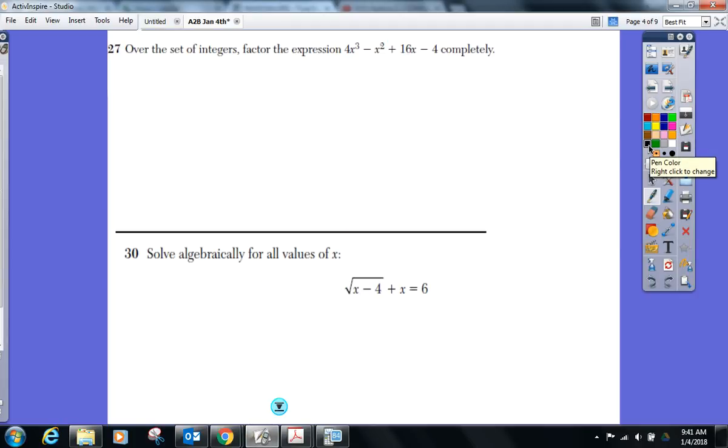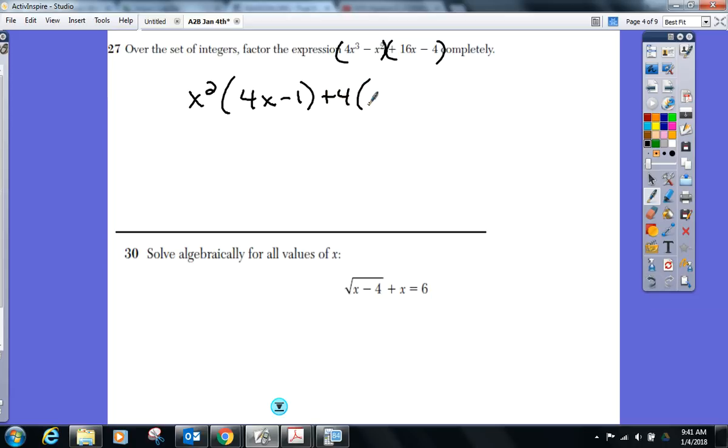Factor this. I'll make it easy on you. Is there anything I could take out right away? No. How many terms are there? Okay, 4 terms, no GCF, automatic grouping. Here we go. What do you want to take out of the first set? X squared, what's left? What do you want to take out of the next one?